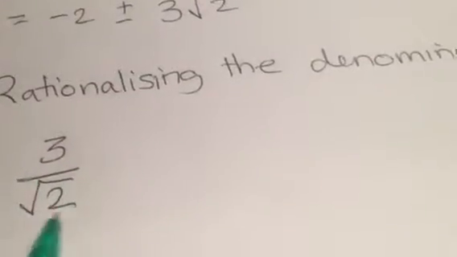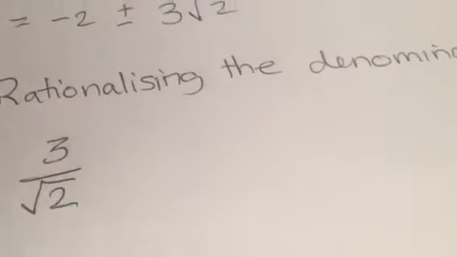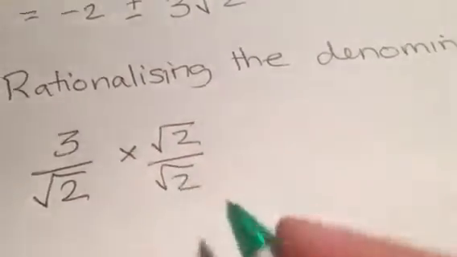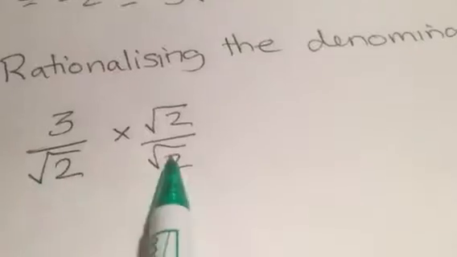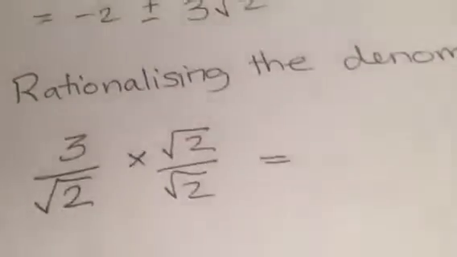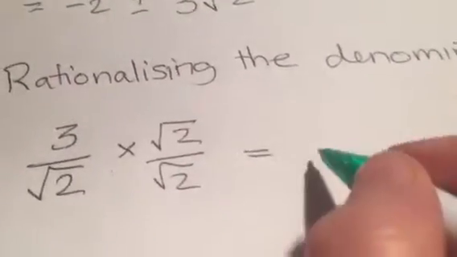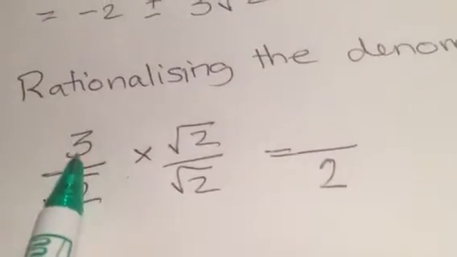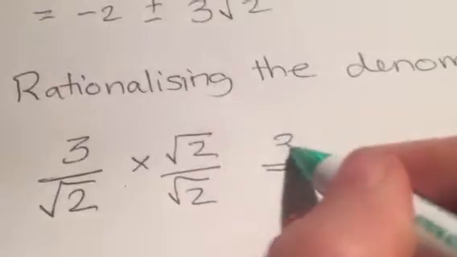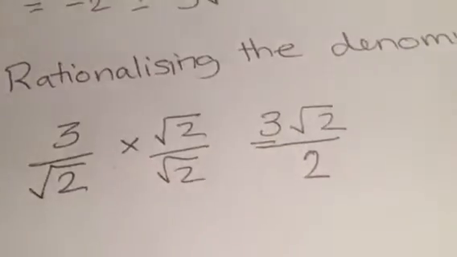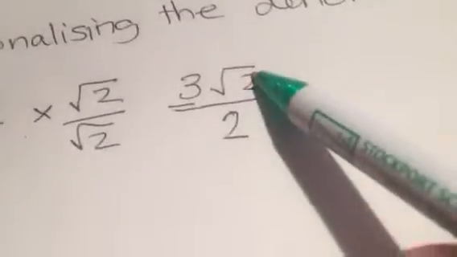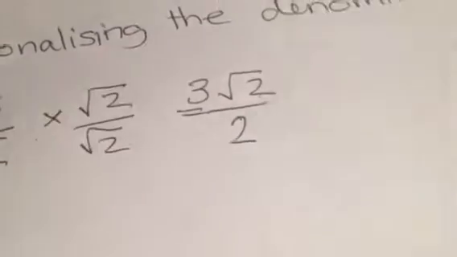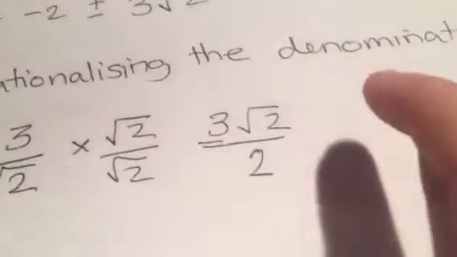To rationalise that denominator, I need to get rid of the square root of 2. So what I do is I multiply by the same thing, top and bottom. Root 2 times root 2 will give me 2. And then on the top line, I've got 3 times root 2. So the numerator is just 3 root 2 over 2. And remember, I can't cancel these 2's because this is inside a square root and this isn't. So I can't cancel the 2's.